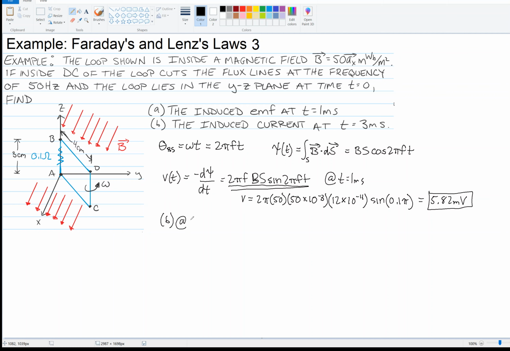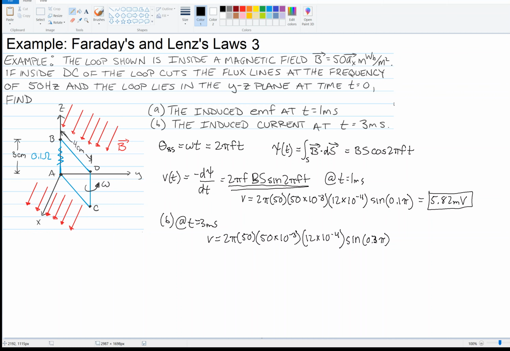So I'll just write at t equals 3 milliseconds, the voltage is 2 pi times 50 times 50 times 10 to the minus third times 12 times 10 to the minus 4 times sine of, what do we have there? We have 0.3 pi. So you can check my work on that if you want, but I'm pretty sure that's 0.3 pi.